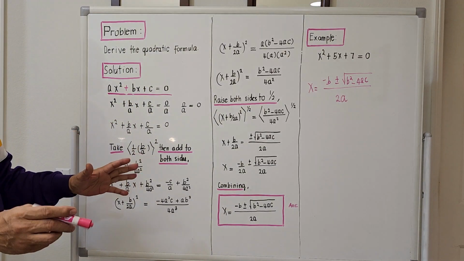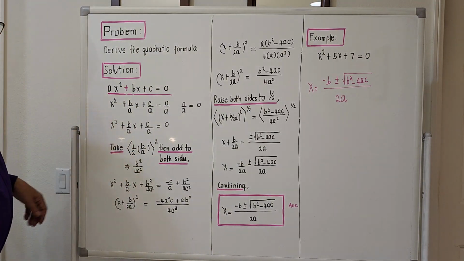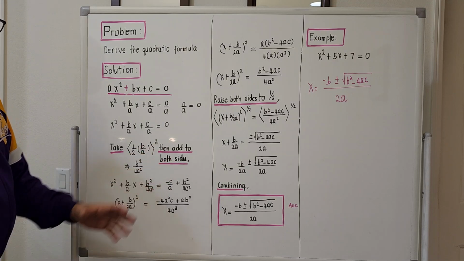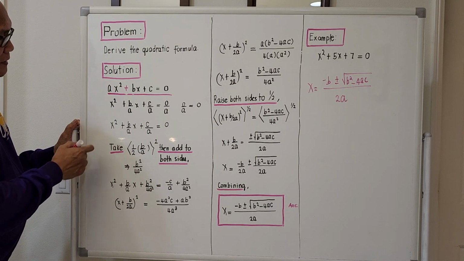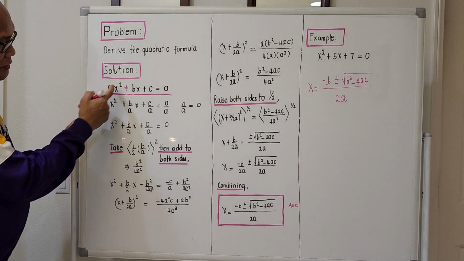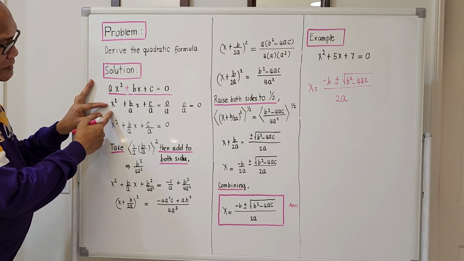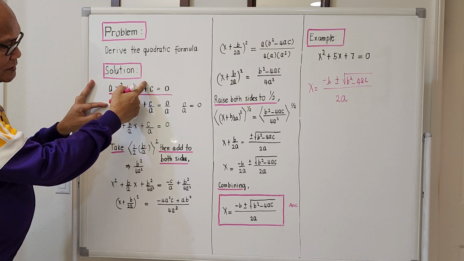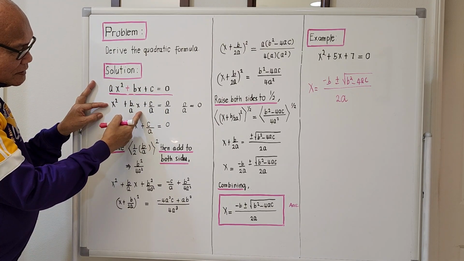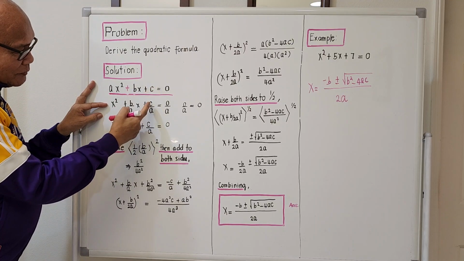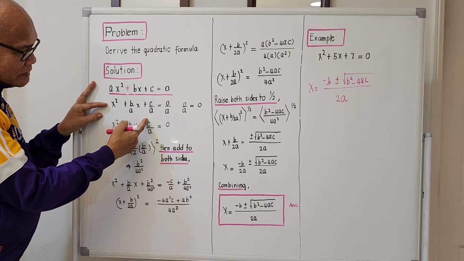Okay, to derive the quadratic formula now, this is now pure algebra, guys. Divide all terms by a. So ax squared divided by a will be x squared. bx over a will be b over a times x. c over a will still be c over a.